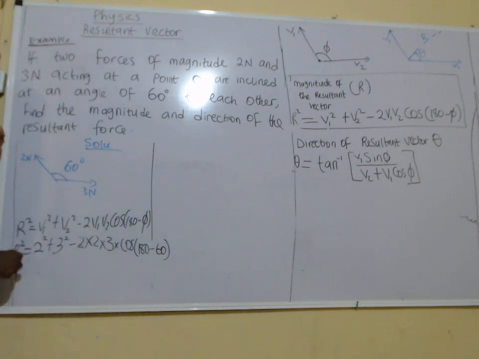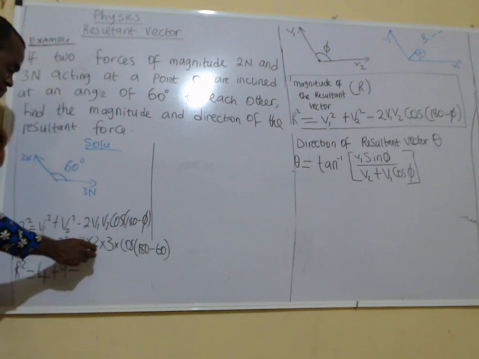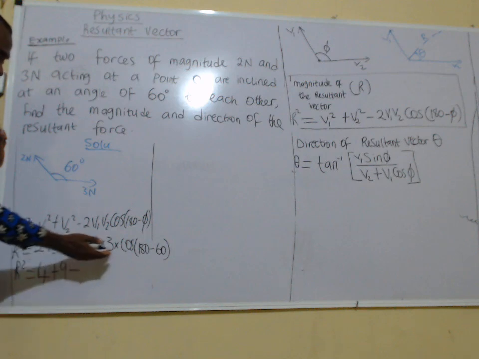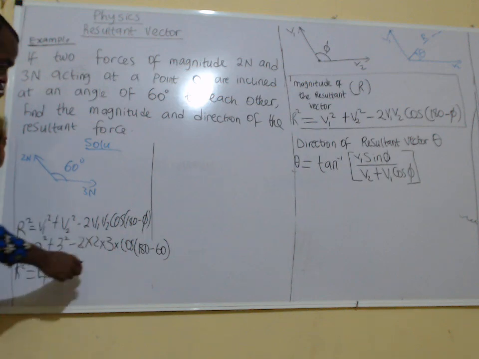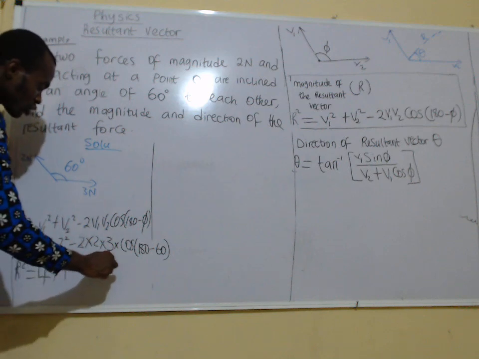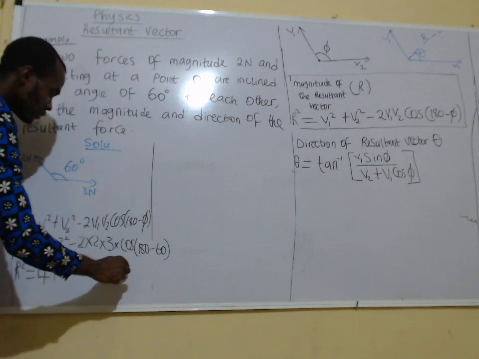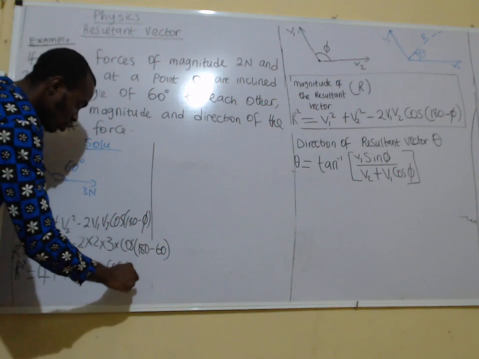So this will give us R square equals 2 raised to power 2 is 4 plus 3 square will give us 9 minus 2 times 2 times 3. You have to handle the multiplication first. 2 times 2 times 3 will give us 12 times cos 180 minus 60 will give us 120.